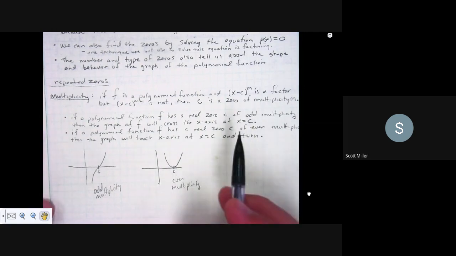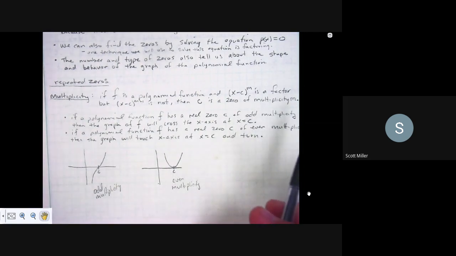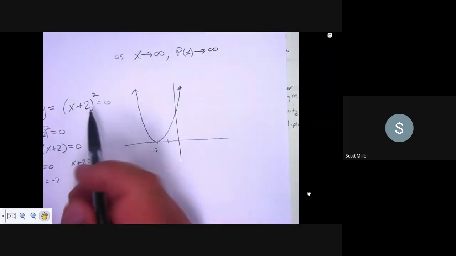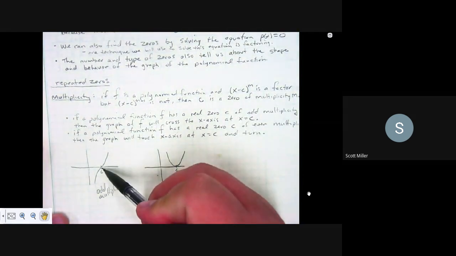But what if it's repeating an odd number of times? That would be the one where I had 3 of these. Then that graph is going to go through, and it's going to have a slight bend at that point.